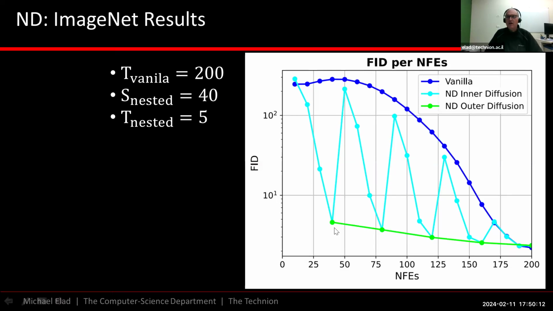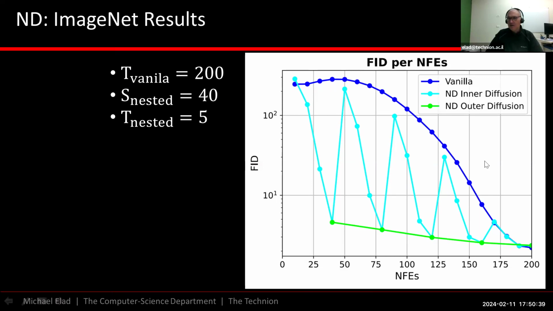In fact, here is a way of comparing things in a very elegant way. Imagine that I'm running an algorithm that has 200 vanilla steps. So I'm looking at the X0s as they are created along the time, and I'm computing their FID. And look, the FID is so horrible all the way to 150, and then starts decaying towards the final results, which is quite good in FID, something like 2, 3. This is for ImageNet.